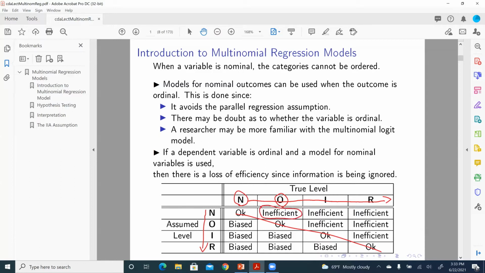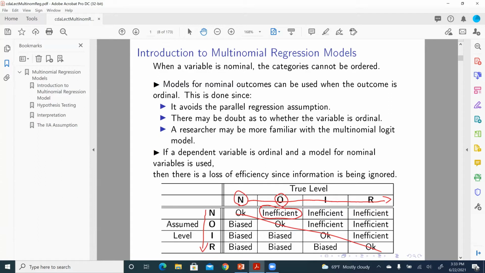That is, it's going to affect standard errors. But in terms of the accuracy of regression coefficients or parameter estimates, they're still ballpark close to the true population numbers.